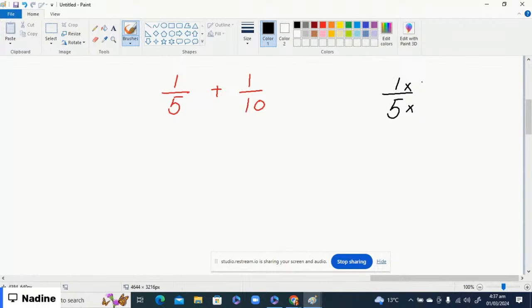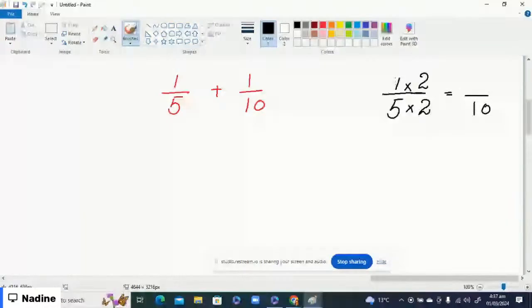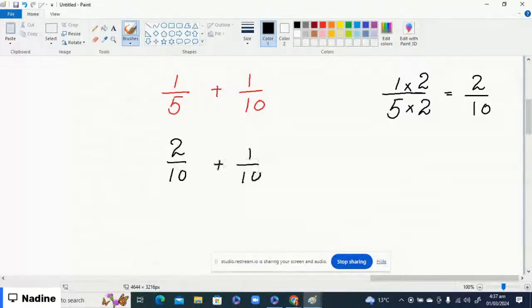So which one are you going to choose to make it 10 here? We are going to choose 5 times 2 is 10. Okay, multiply and divide. 1 times 2 is 2. 5 times 2 is 10. Let's put 2 by 10 plus 1 by 10, adding their numerators 2 plus 1 and just putting the common denominator, that is 10.